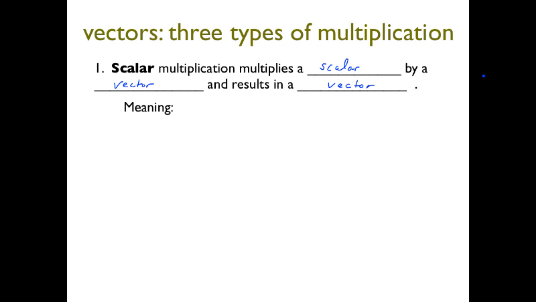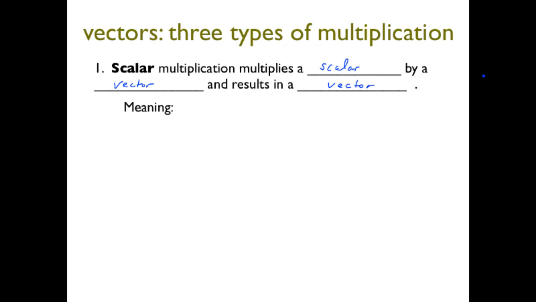It's magnifying or shrinking the vector, maintaining its direction, unless the scalar is negative, and then your direction goes the opposite way. So scalar multiplication scales your vector. It magnifies it or shrinks it, and it might flip it around the other way if it's a negative scalar. So I'll let you fill in the blanks there.